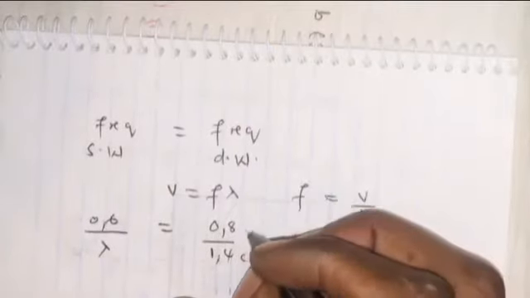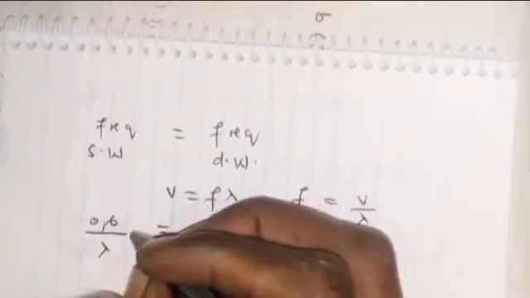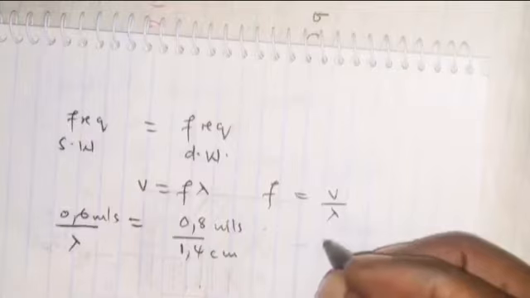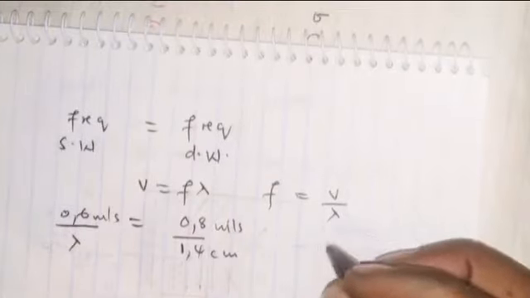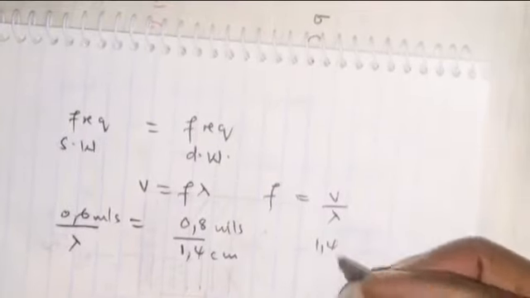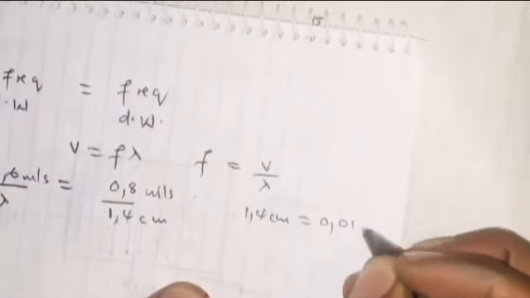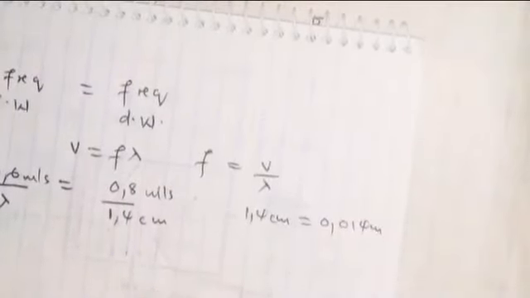But one thing we have to know is that we are dealing with meters per second here and meters per second here, meaning that 1.4 centimeters we have to convert to meters, and it becomes 0.014 meters.